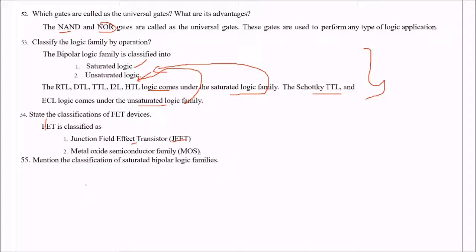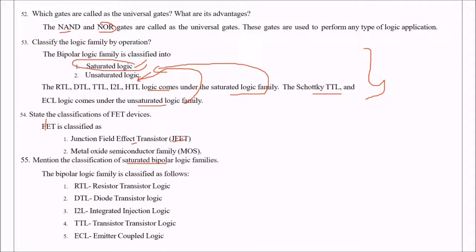Mention the classification of saturated bipolar logic family. This we have already learned, but we will try to give the full forms now. The bipolar logic family is classified as RTL, that is resistor transistor logic, DTL diode transistor logic, then IIL, you can also say I2L, which is integrated injection logic. TTL is transistor transistor logic.